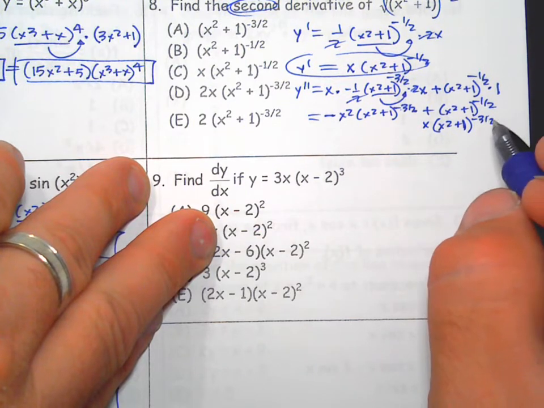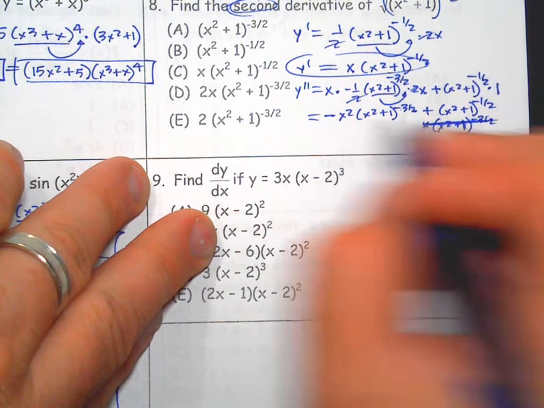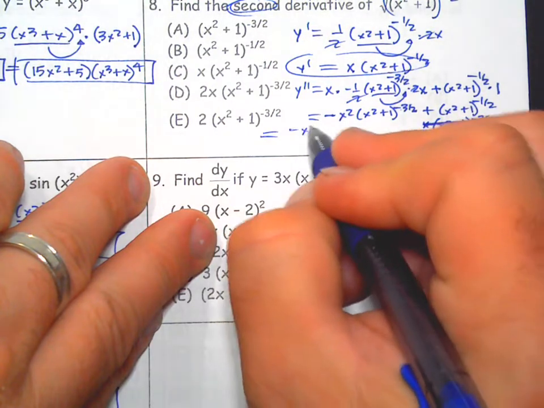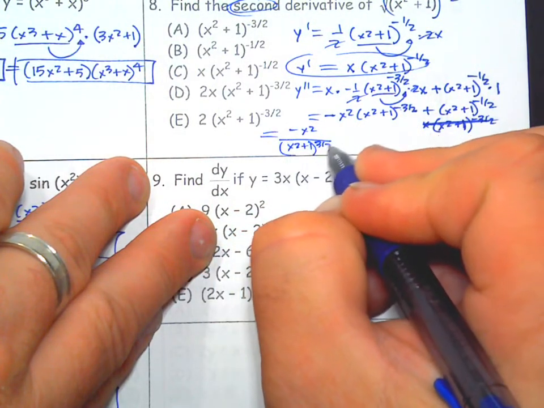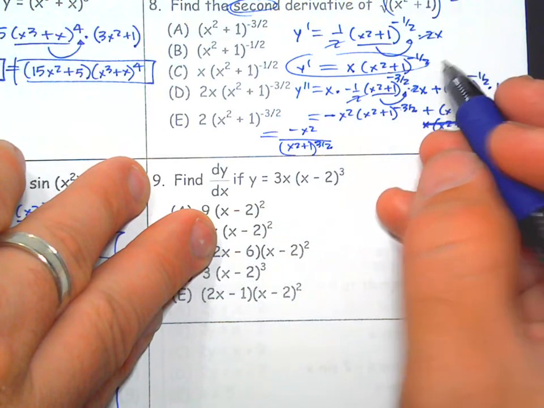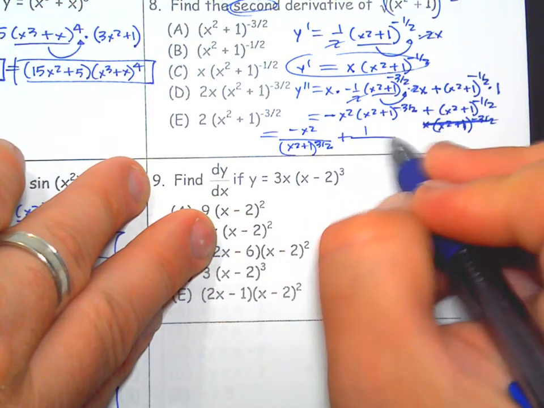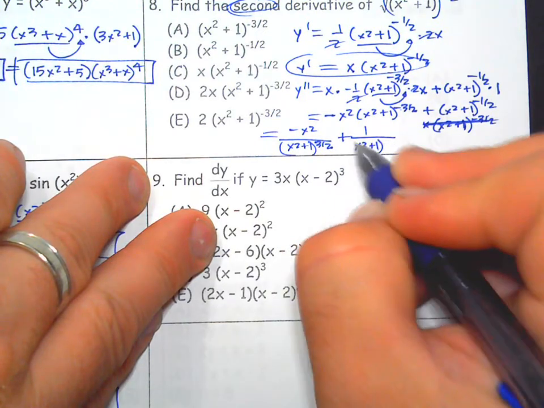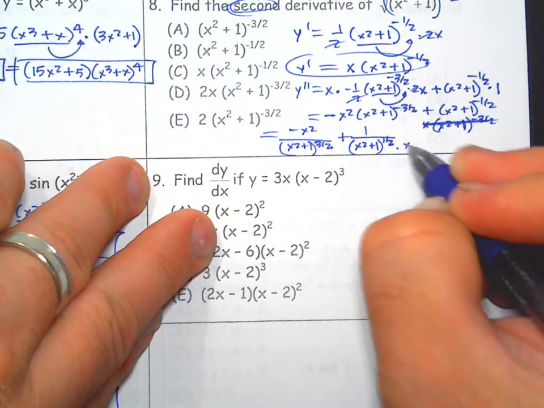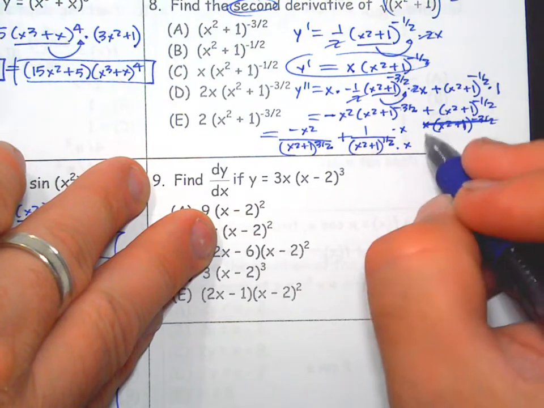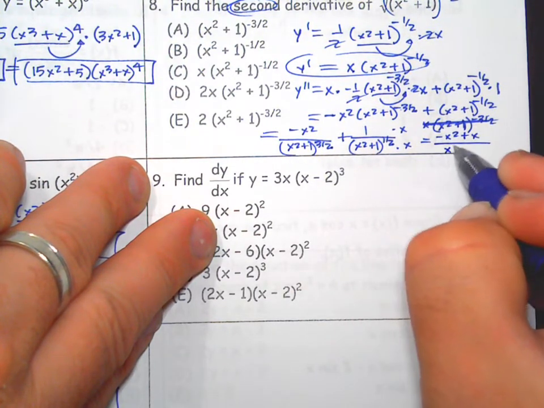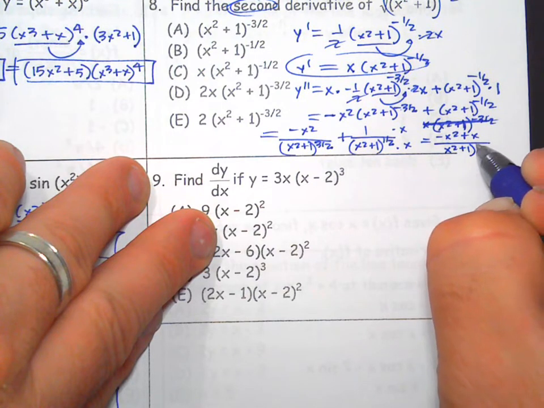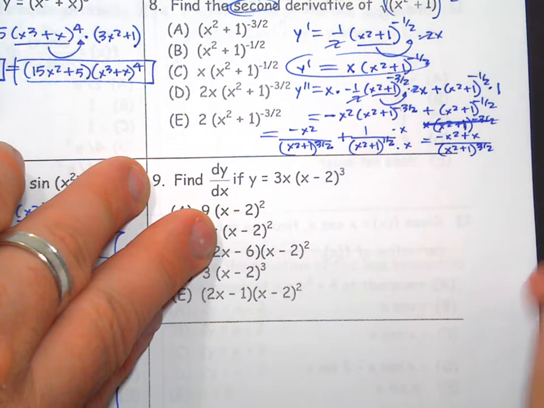Is that right? Well, okay, hold on a second. Let's rewrite these as fractions. This might make it easier because then we can do least common denominators. You would multiply this by x and x, right? So then you would get -x squared plus x over x squared plus 1 to the 3/2. Still just don't see that answer here.